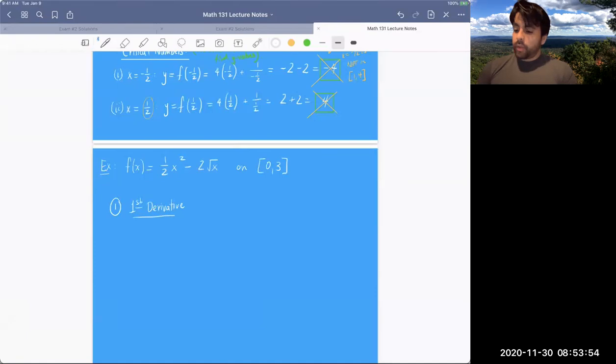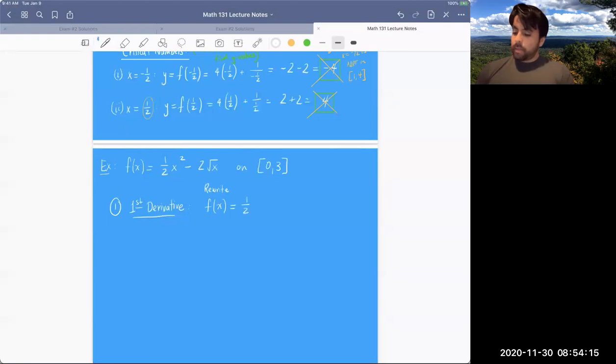So what's my first derivative? What am I going to have to do first? I'm going to have to rewrite f of x first.